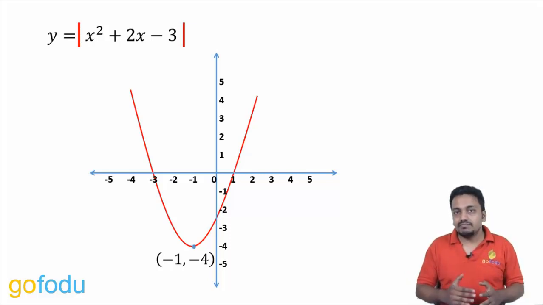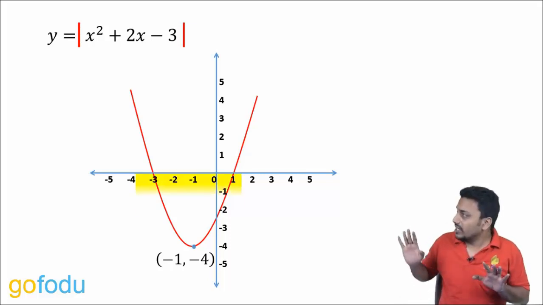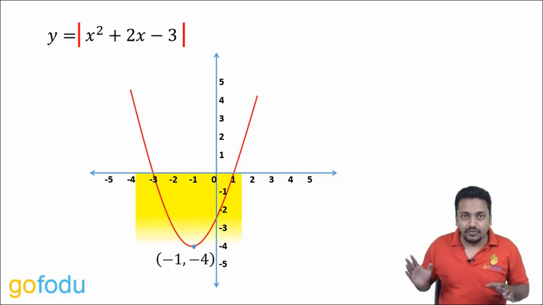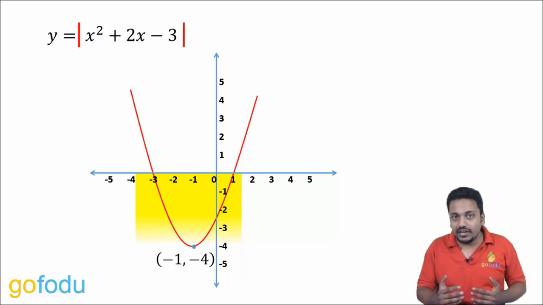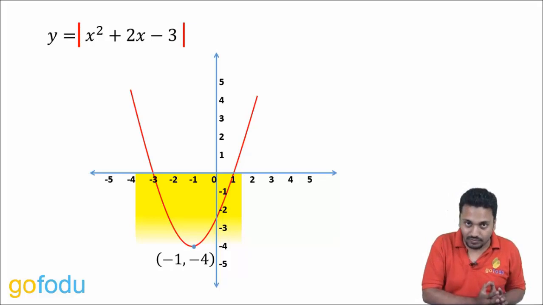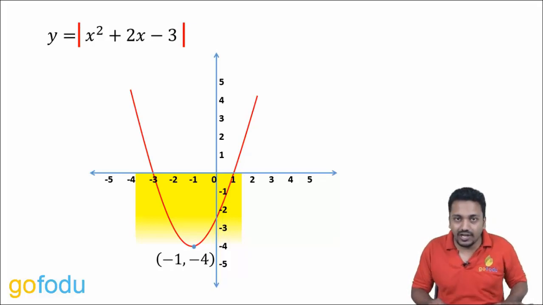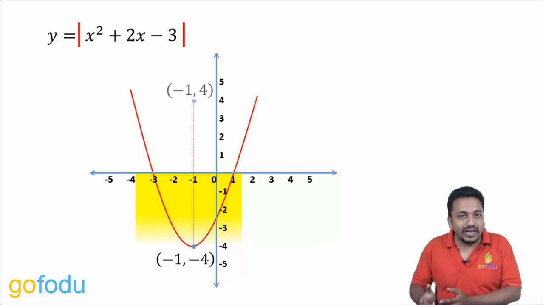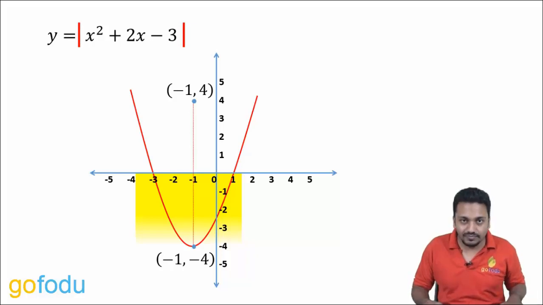When y is mod of something, it will always be positive. Now look at this region where y is negative. At x is equal to minus 1, we have y is equal to minus 4. In case of mod, we won't be getting any negative values of y. So at x is equal to minus 1, y will be 4 only and not minus 4.